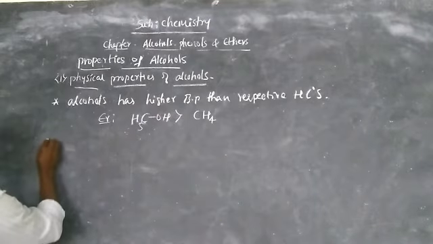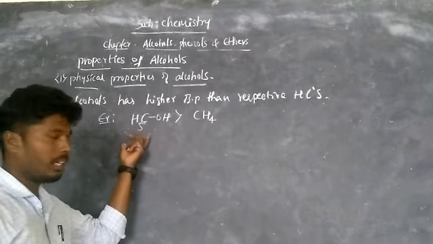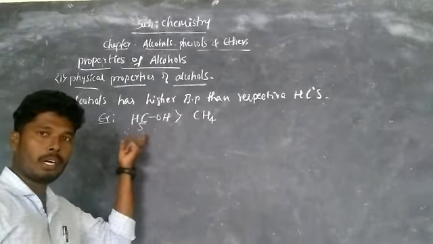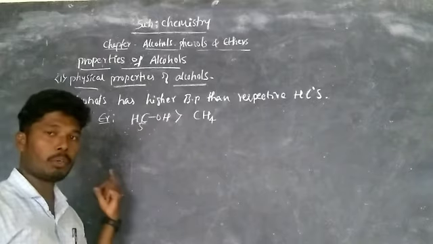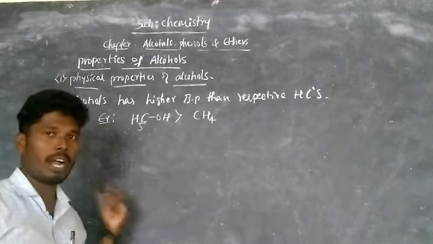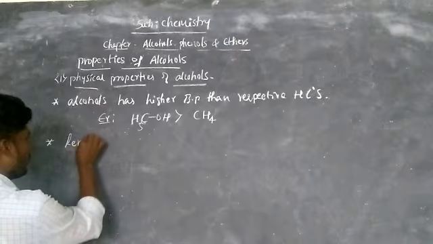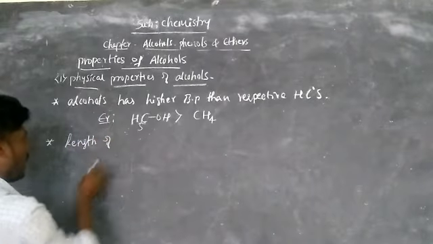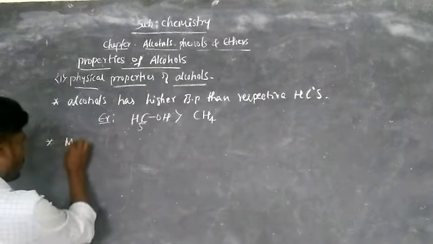Then the second one: as the length of the carbon chain increases, the boiling point of an alcohol increases, that is the length or molecular mass, either say length or molecular mass.